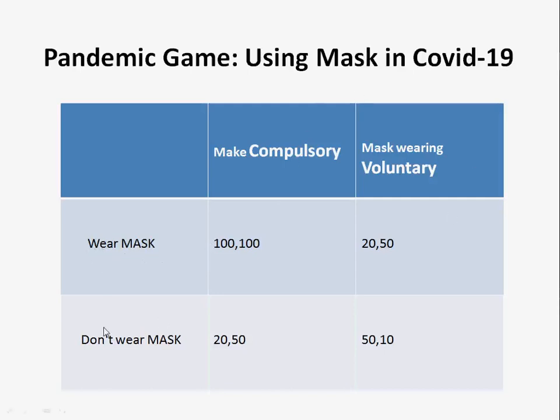So if they don't wear a mask and the government makes it compulsory, they get 20, because they will be fined. This number represents their utility, the happiness or sense of benefit. So the higher the number, the higher the utility and happiness. If the government makes wearing a mask compulsory and they don't wear a mask, they get 20 utility, let us say, and the government gets 50 utility.